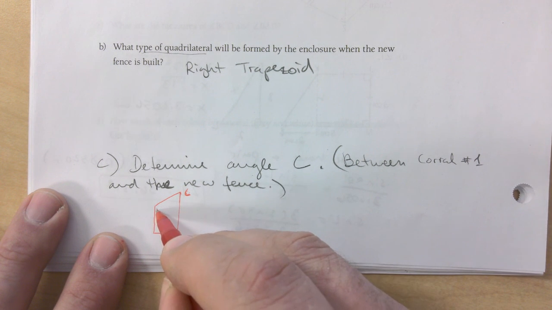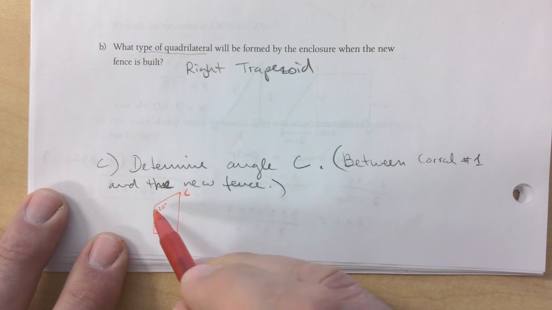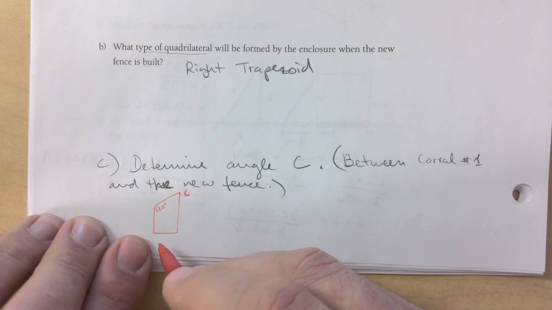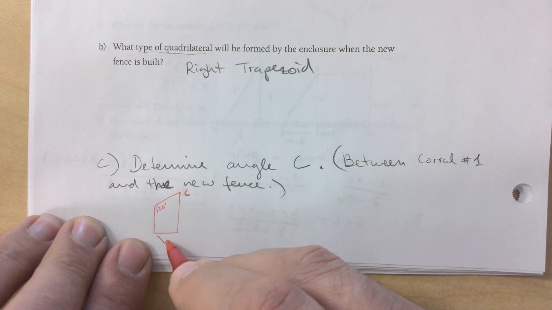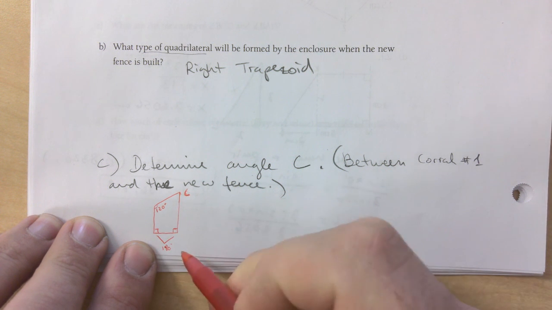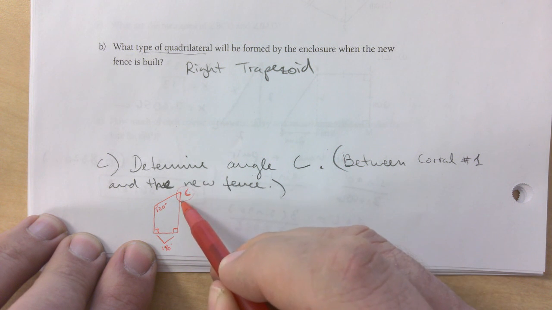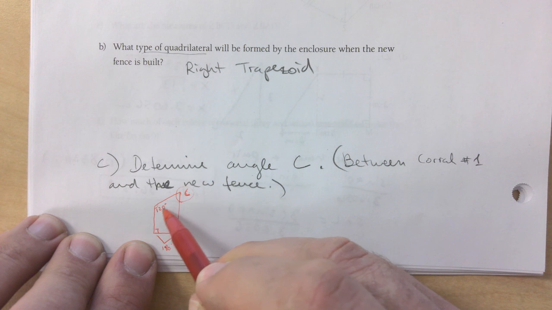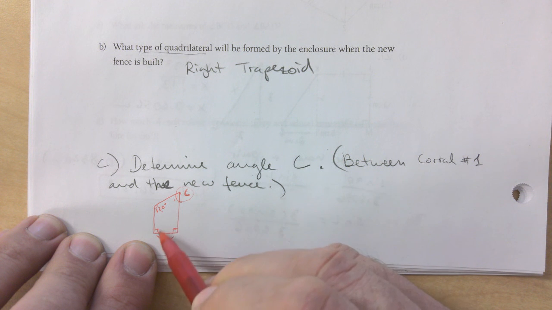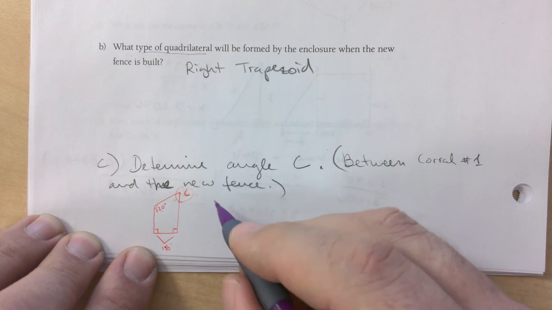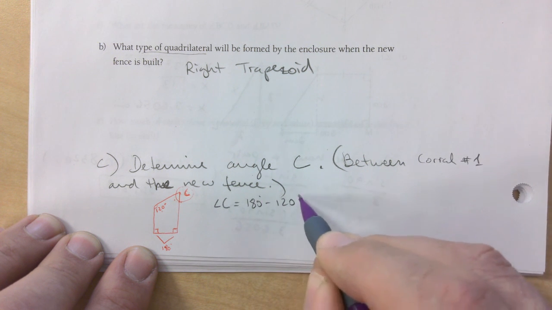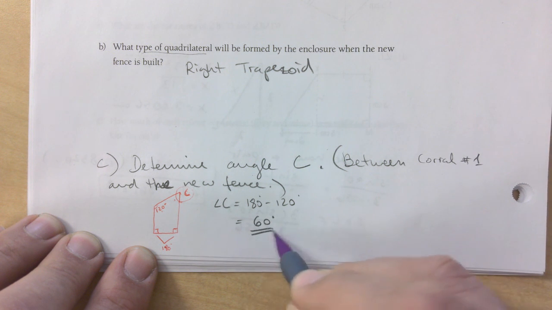We know that this angle right here is 120 degrees, based on the diagram above. I told you that these two have to add up to 180, which they do. We know that it's 90 and 90, right? What would C have to be if this is 120? Then this would have to be 60, right? Because it's the same on both sides of the quadrilateral. So angle C is going to be 180 minus 120, which is 60 degrees.